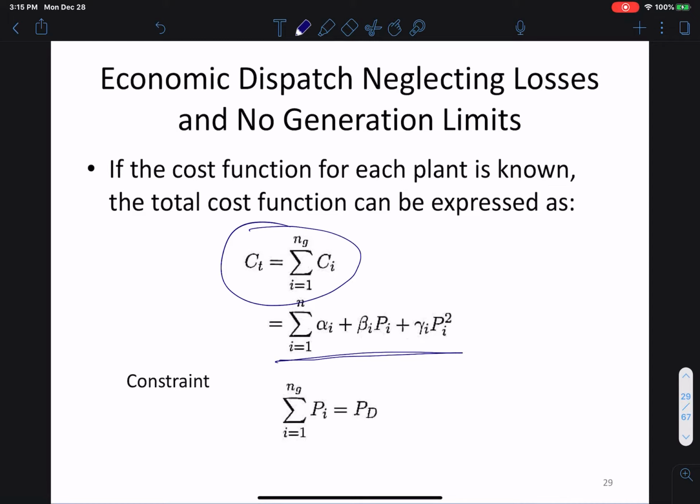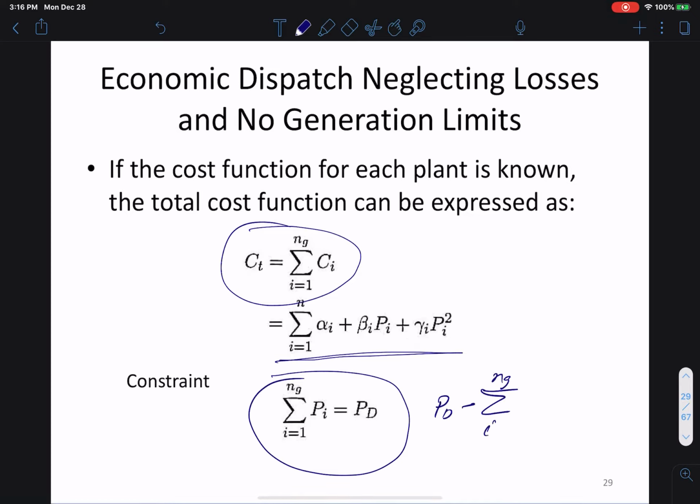The equality constraint here is that the sum of all the generation Pi should be equal to your demand. This can also be written as PD minus the sum from i equals 1 to n of Pi equals 0.